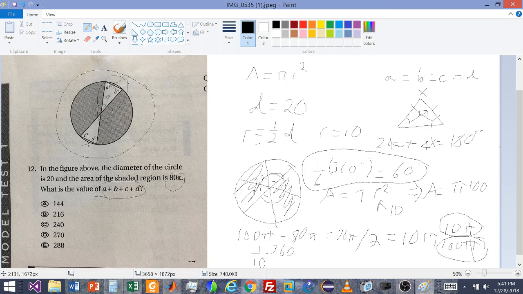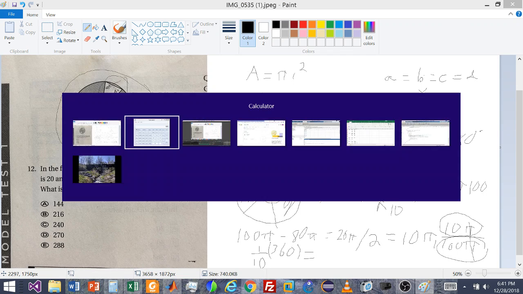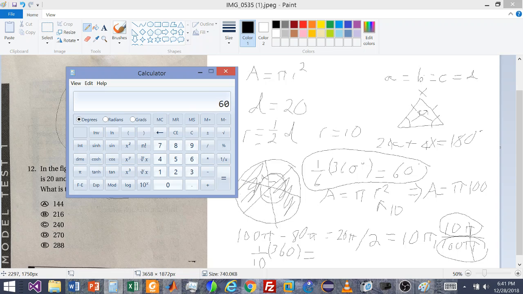So I take 1/10 times 360, which is 360 times 1 divided by 10, straightforward, 36 degrees.